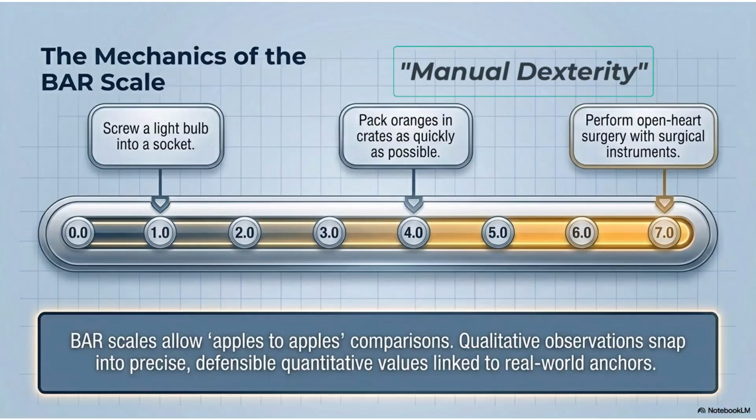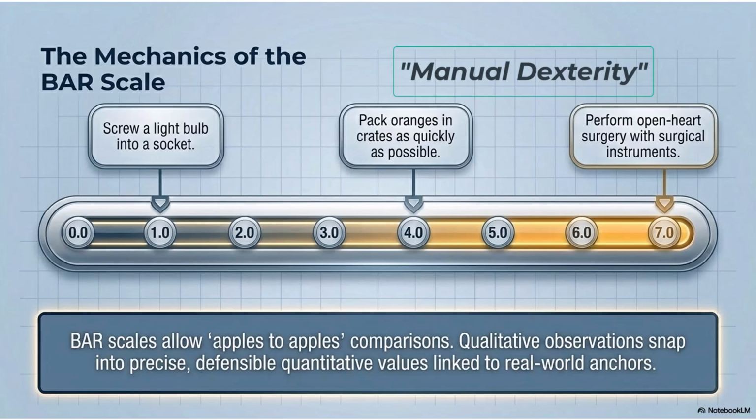A 4.0 equals packing oranges in crates as quickly as possible. And a 7.0 represents performing open heart surgery with surgical instruments. Each of the 52 abilities uses the same 7-point scale with different anchors, supplemented by 3 empirically derived benchmarks.